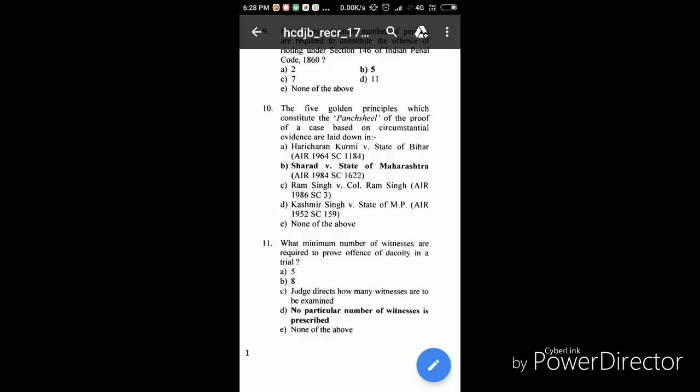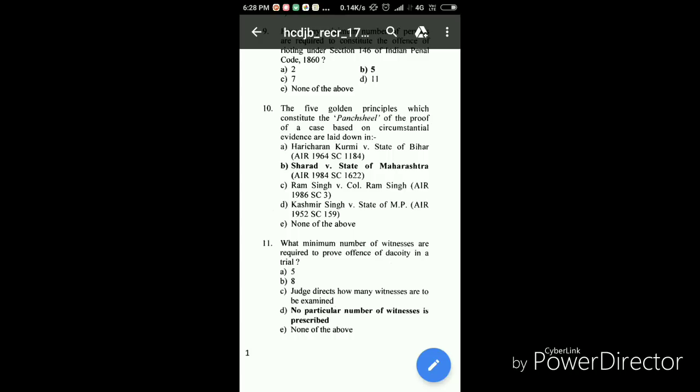These are the Panchsheel given in Sharad versus State of Maharashtra, a very landmark judgment in view of circumstantial evidence. Now we come to question number 11.